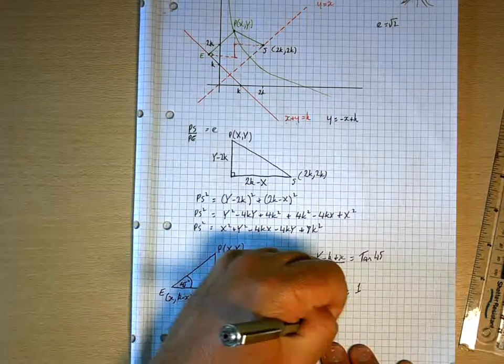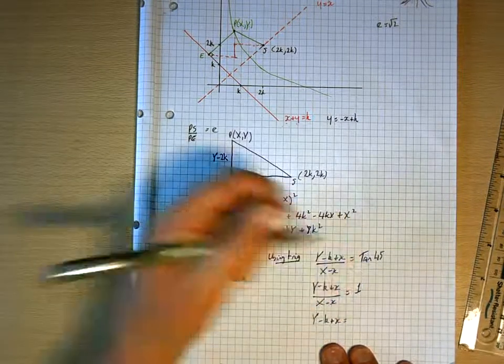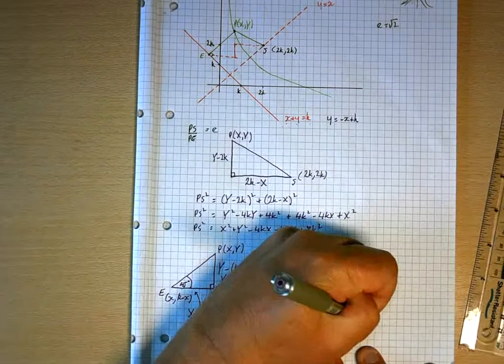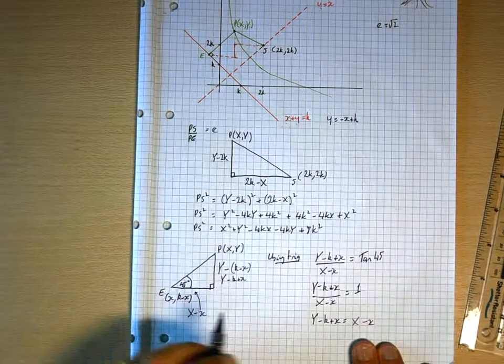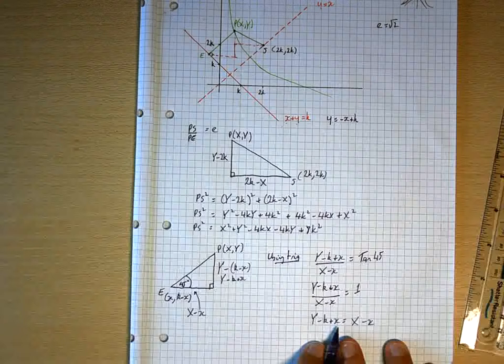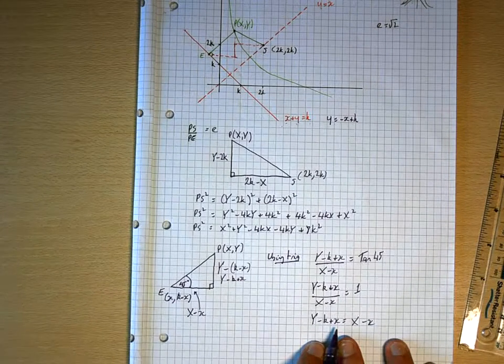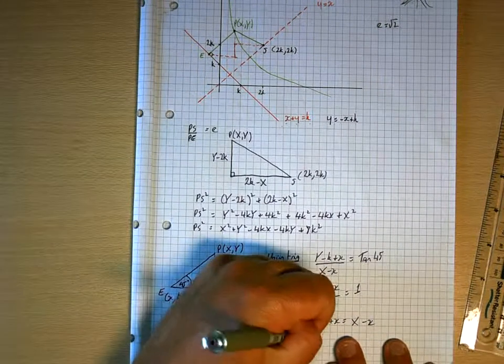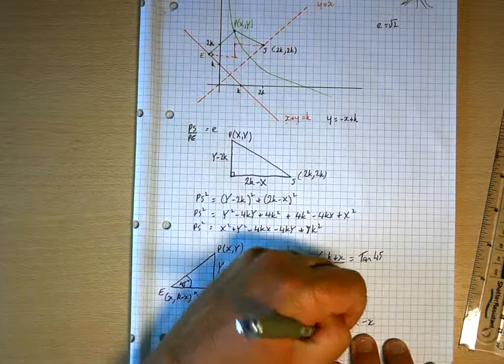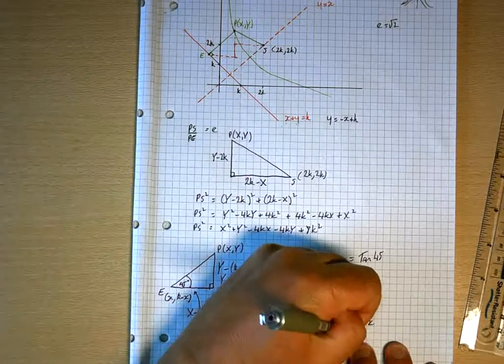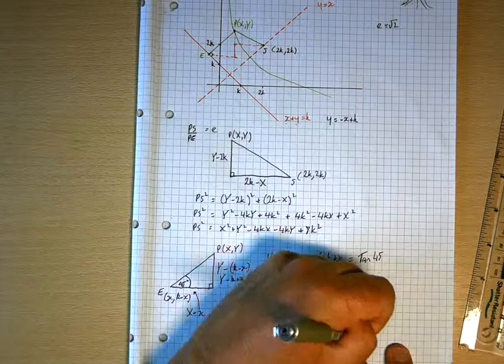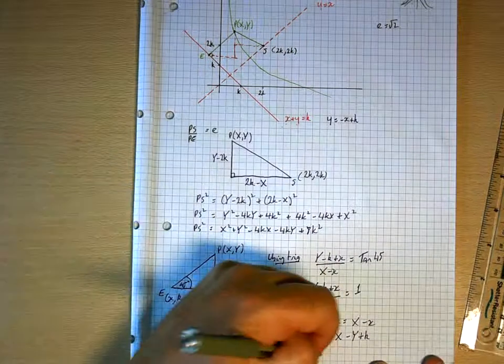So Y minus k plus x equals X minus x. Take that minus x to make it positive and chuck those over the other side. I get 2x equals big X minus Y plus k.